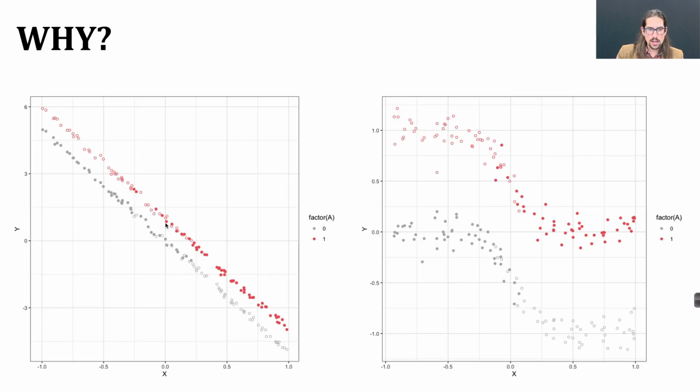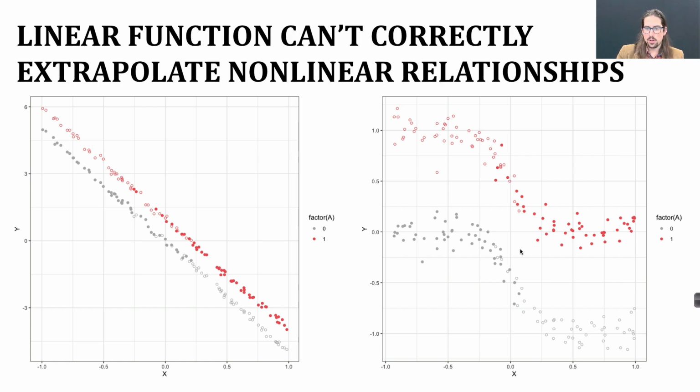Here is a case where the conditional means are linear, and here's a case where they're not. The issue is that the linear function can't correctly extrapolate the nonlinear relationships. With the empty dots, I'm showing the potential outcomes that I'm not observing, and the filled ones are the ones that I am observing, in both cases.